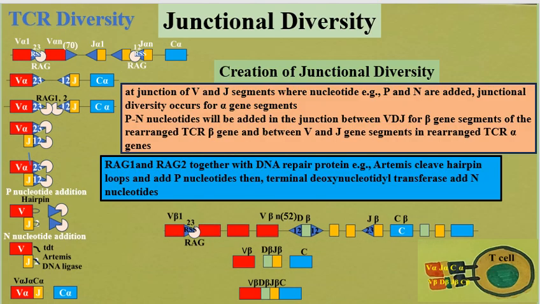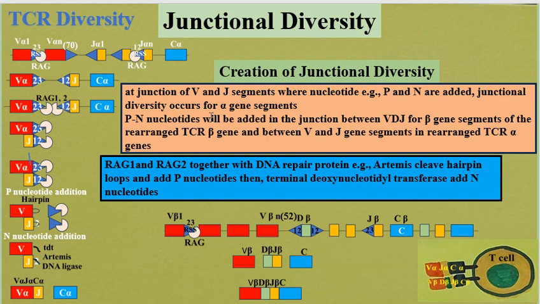So junctional flexibility is created at the junction of the V and J. This is for the alpha gene segment, joining variable alpha and joining alpha. So the junctional diversity is created at the junction of variable and joining segments where nucleotides, for example P and N, are added.